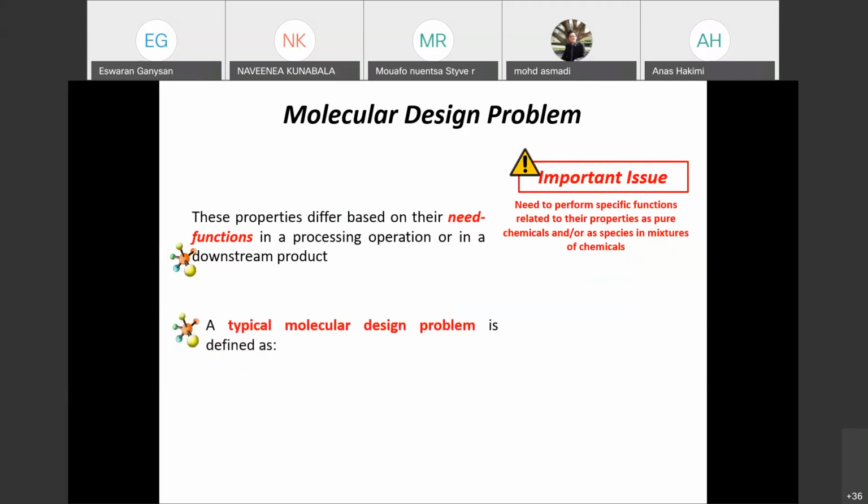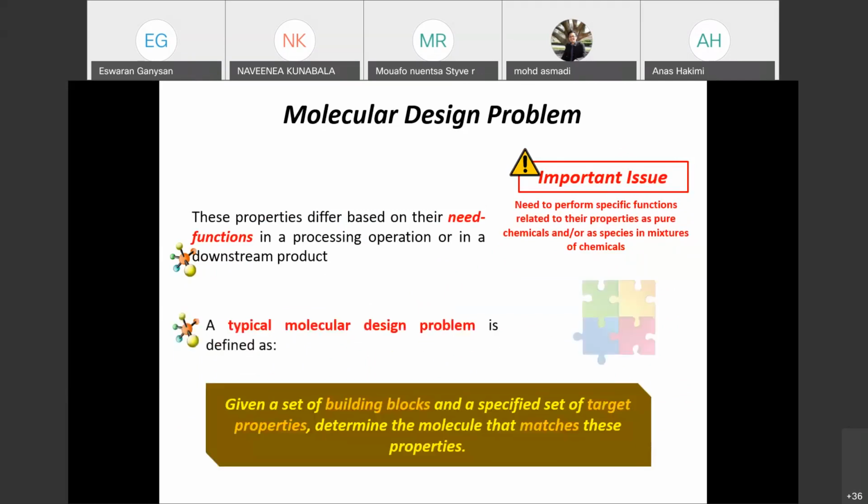A typical molecular design problem we can define as: given a set of building blocks, where a building block is a chemical compound, and a specified set of target properties, determine the molecule that matches these properties. This is what we define as a molecular design problem.